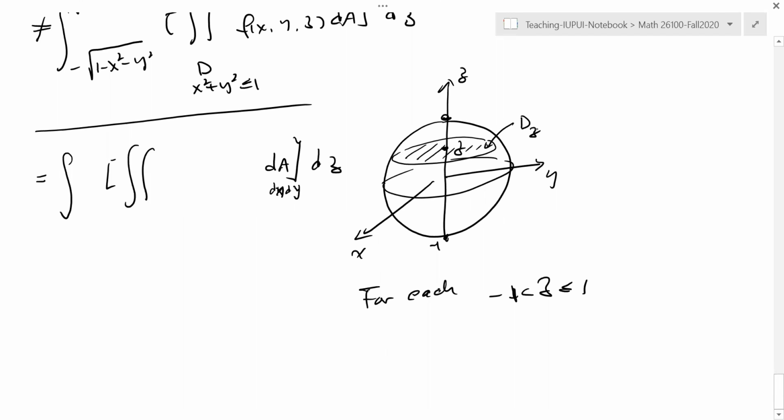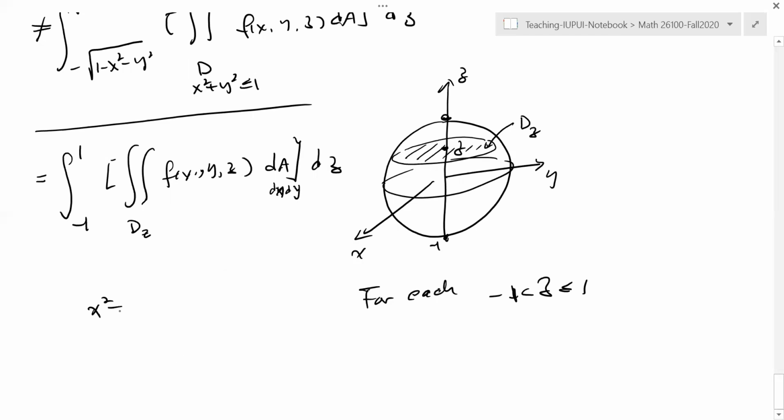So that is going to be from -1 to +1. It's the same function, this is the integral of a dz, and this is f(x, y, z). But that D sub z depends on the value of z. It's not going to be fixed. So this is described by x, y.